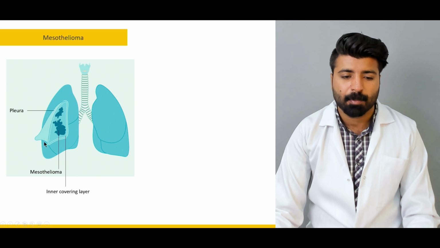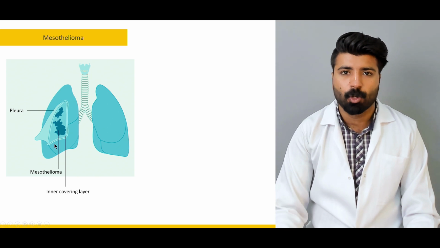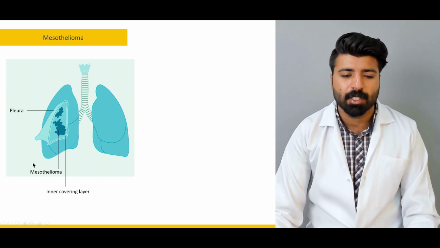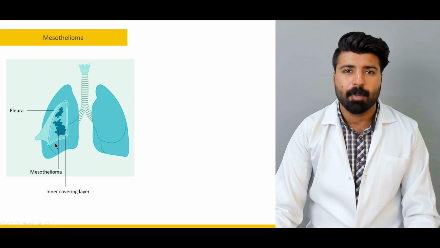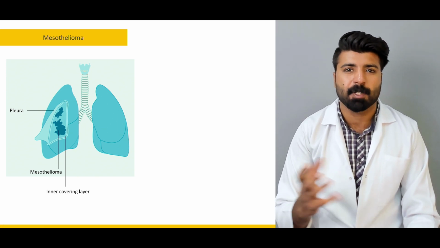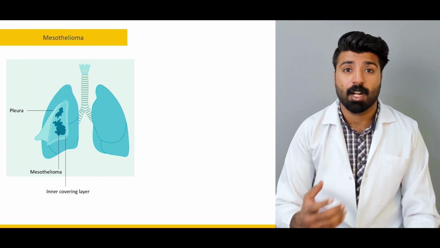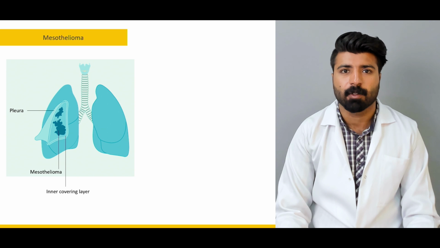As the visceral layer is getting that cancer, that tumor, it's going to lead to more pathologies as the layer is now compromised. Between these two layers, there's a very minute amount of fluid present, which gives a cushion during inspiration and expiration. In some cases, that fluid is increased dramatically.